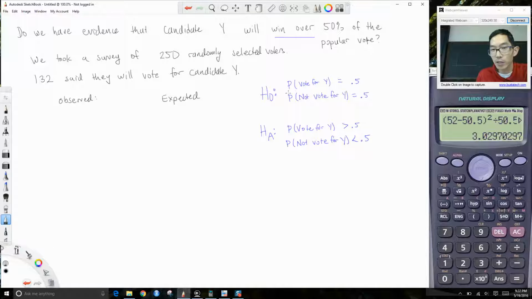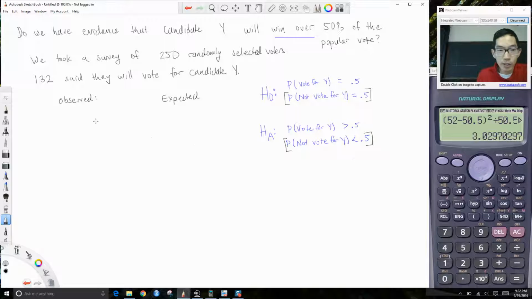So I could get away without writing this one, and just listing off just one category as well. Because if we say you're either going to vote for candidate Y or you're not going to vote for candidate Y, then these other values are implicit as well.